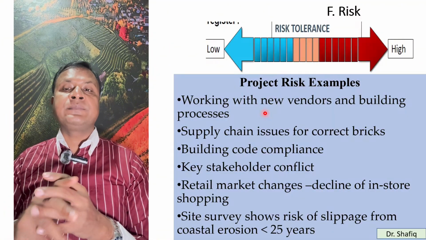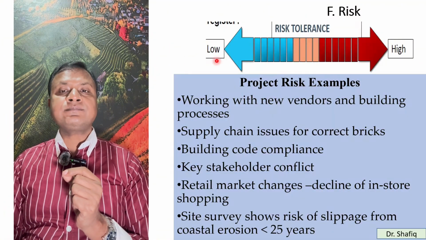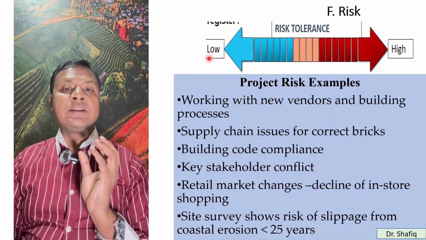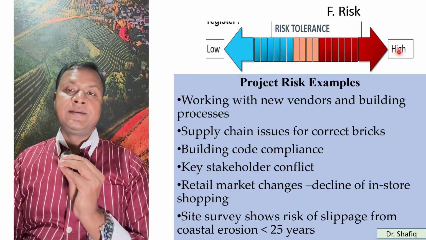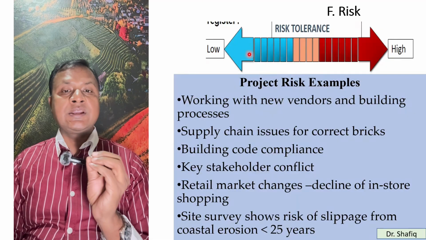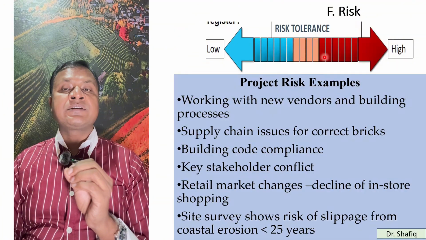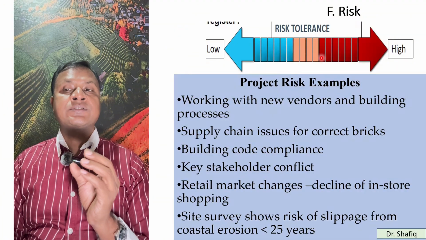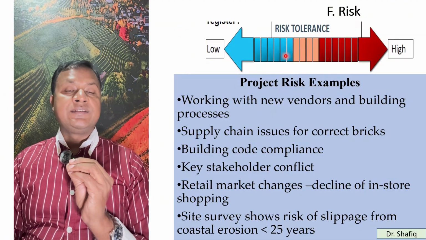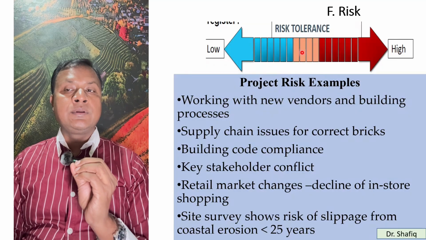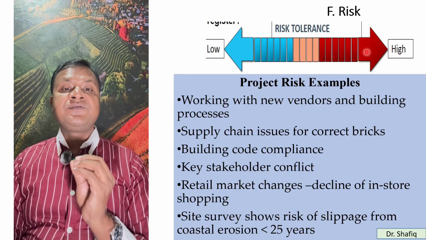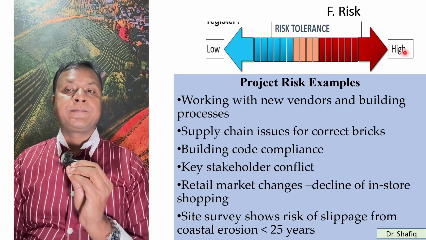Then you see in the slide that risk can be very low or very high. If it is too low, it's acceptable, but to some extent there would be a risk tolerance area. This blue and yellow area is okay, but if it is red, that means it's high risk.